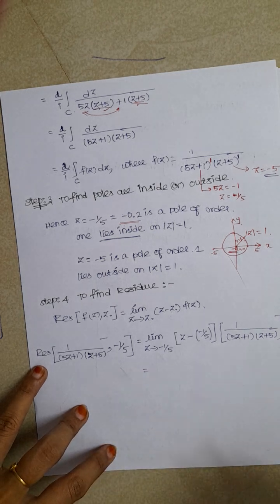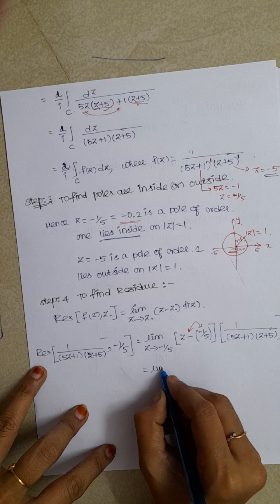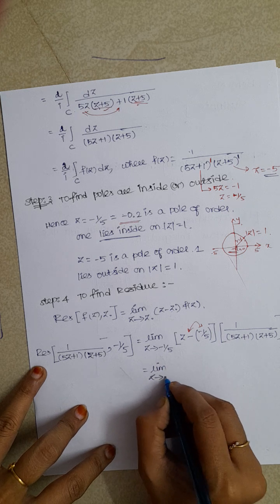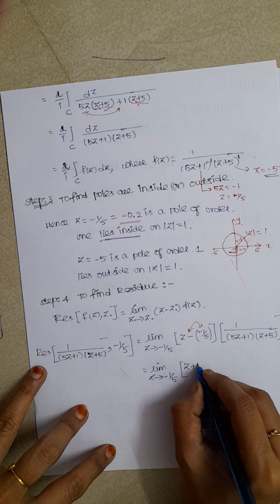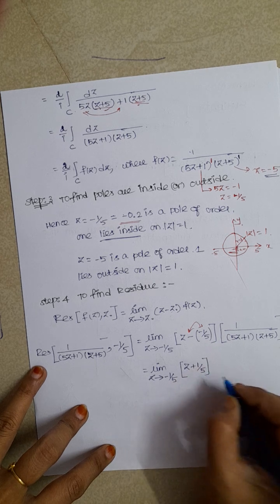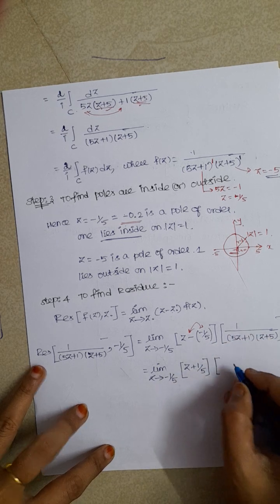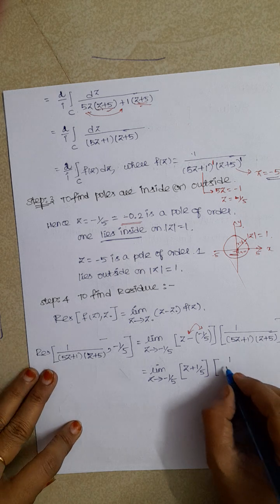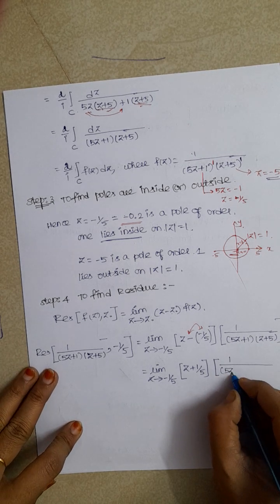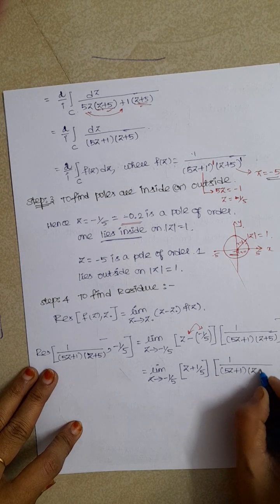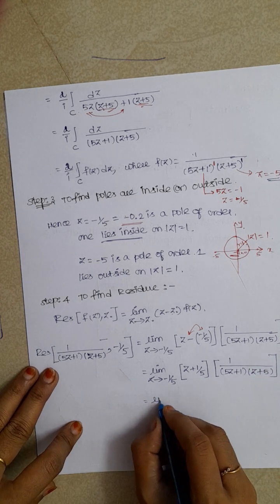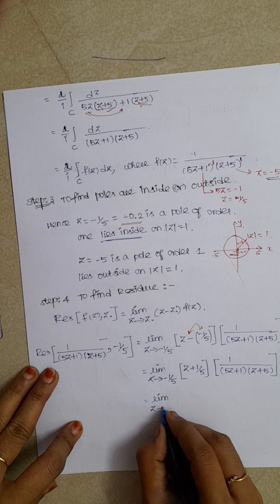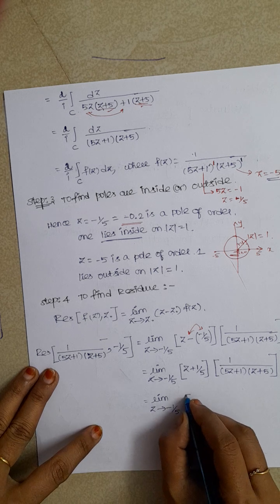So you can write the same step: 1 by (5z plus 1)(z plus 5). So limit z tends to minus 1 by 5.